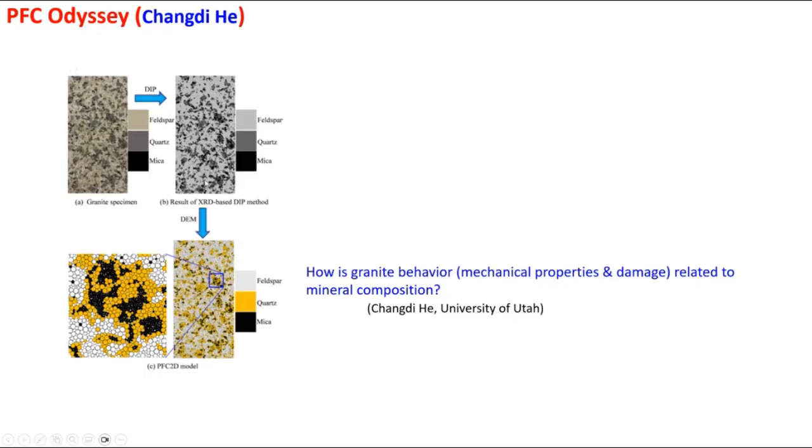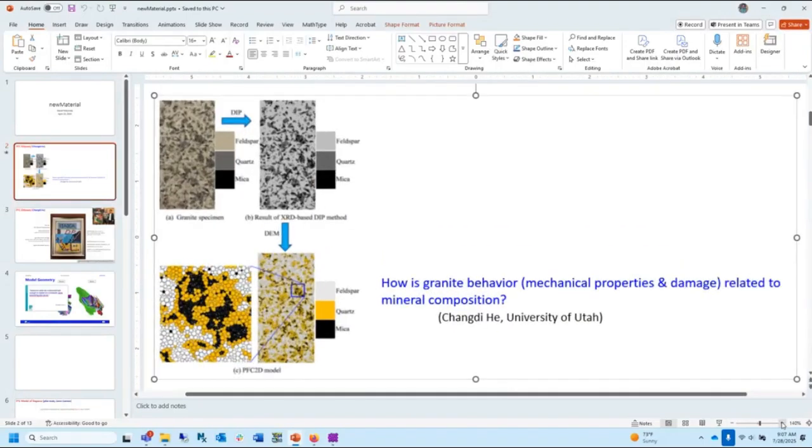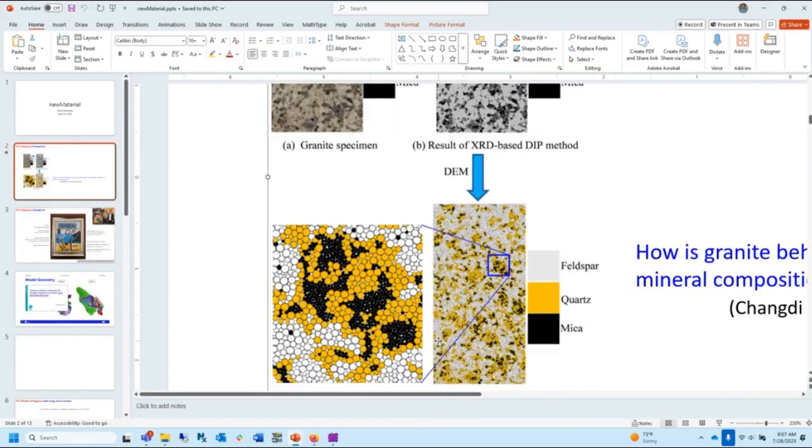He did all this image processing to pull out the three mineral types, in this case feldspar, quartz, and mica. Conceptually, he had a dense packing of particles, and then you lay this on top and you find the colors, right? So if we zoom into this a little more, it's going to look like this.